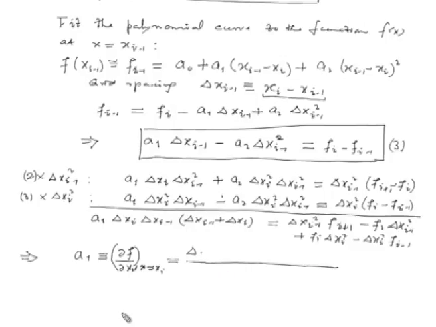So we get this as delta x i minus 1 whole square f of i plus 1 minus delta xi squared f of i minus 1 plus delta xi square minus delta xi minus 1 whole square times fi divided by delta xi minus 1 into delta xi minus 1 plus delta xi.